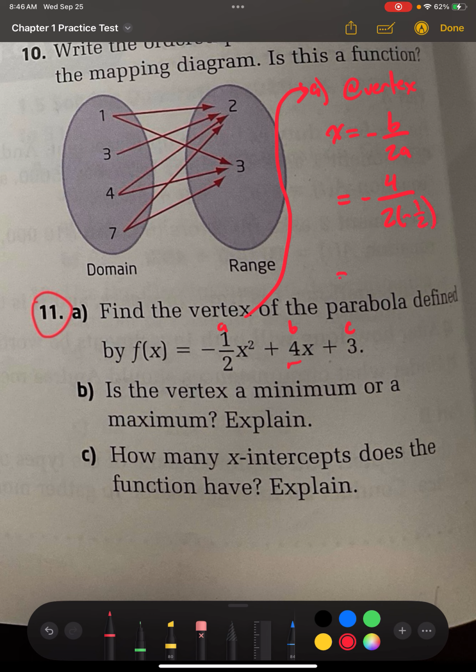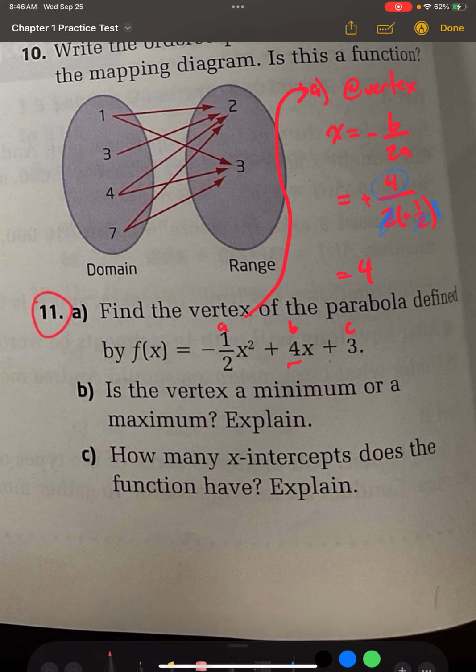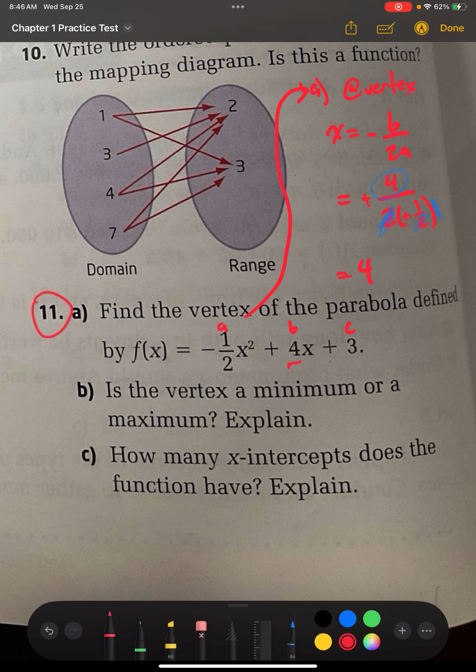So the first thing I want to do is decide if this is positive or negative. And because I have a positive and a negative, I know that the whole thing is going to be positive. I also know that 2 over 2, I can cross it out. 2 over 2, that's equal to 1. And I'm left with a 4. So I'll just write is equal to 4. So the vertex has x equals 4.